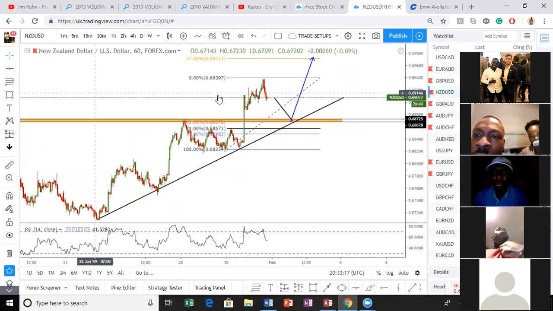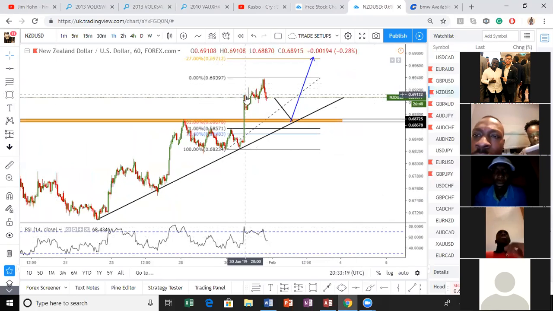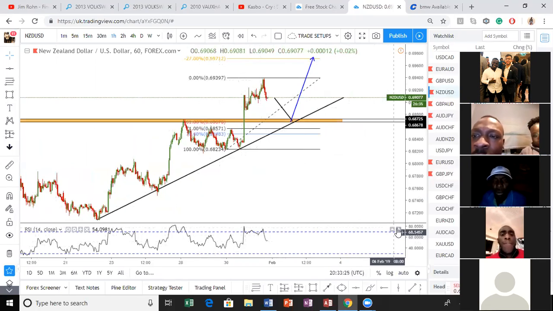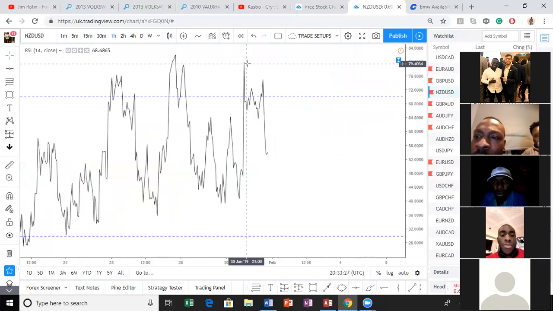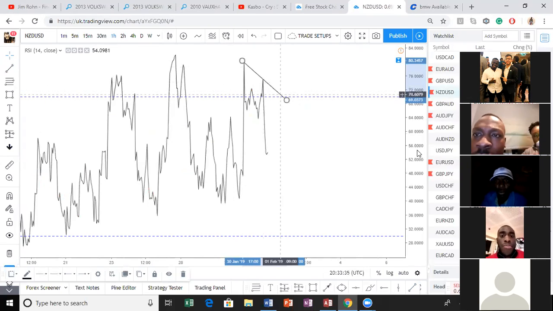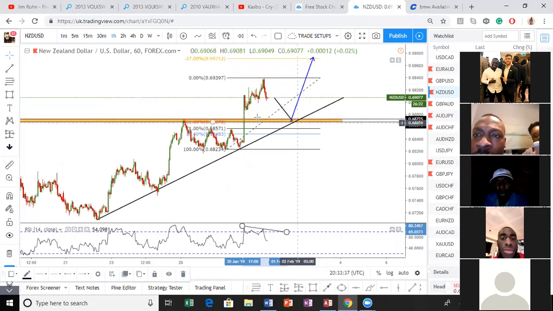Divergence is when the market is making a higher high and a higher high. Now, when you check on the RSI, it's making a lower low and a lower low. I'll show you. Okay, this is it. This is on an RSI. Since the market is making higher high and higher high, it doesn't match up with the RSI.